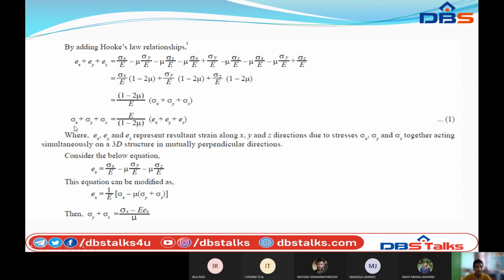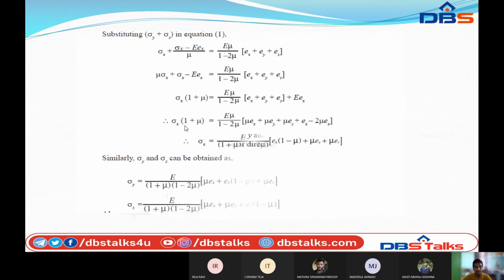So sigma x plus sigma x minus E Ex by mu equals E by 1 minus 2 mu into Ex plus Ey plus Ez.